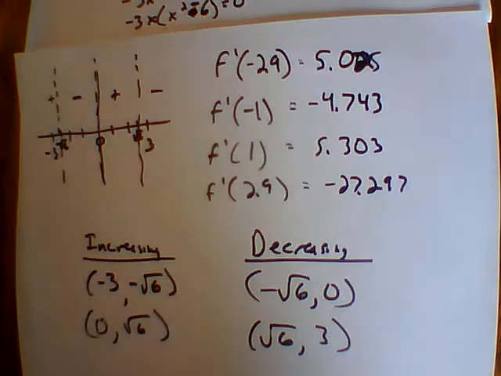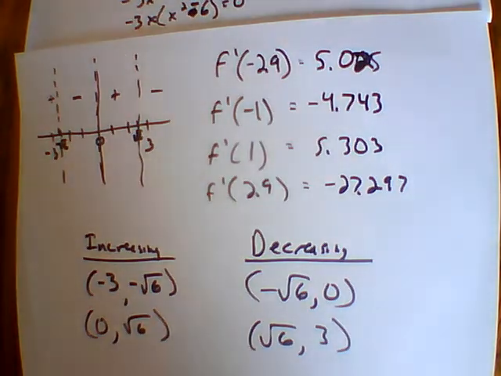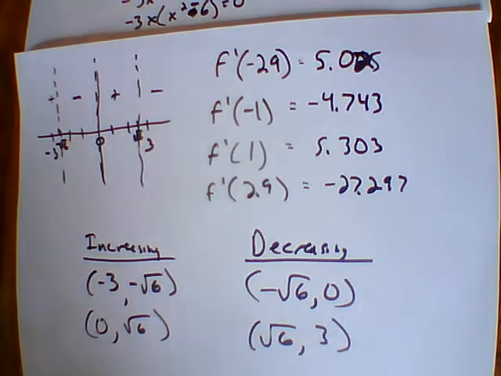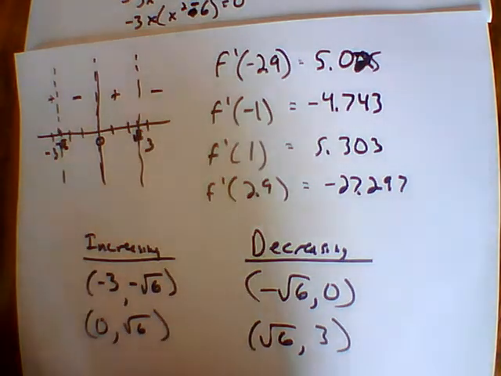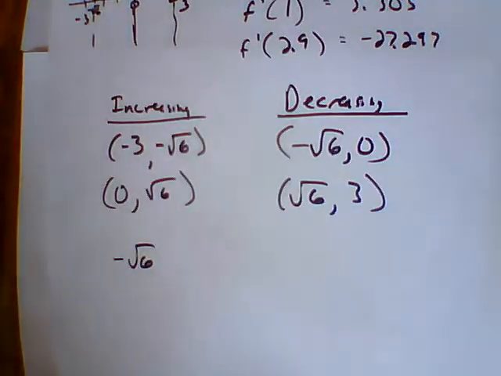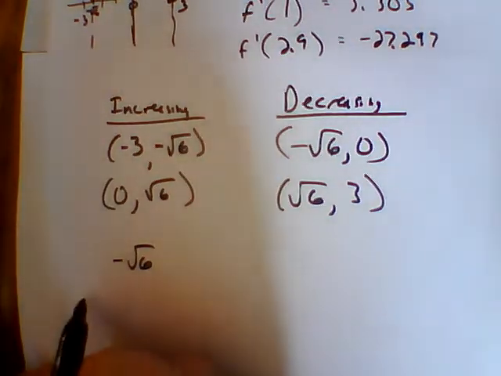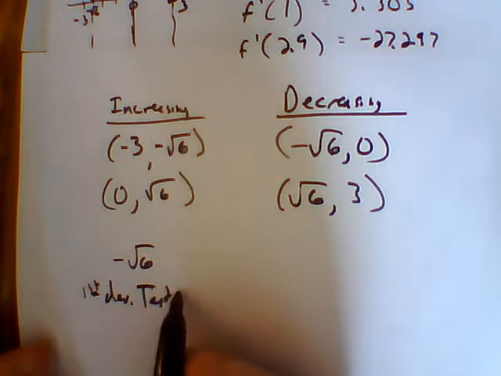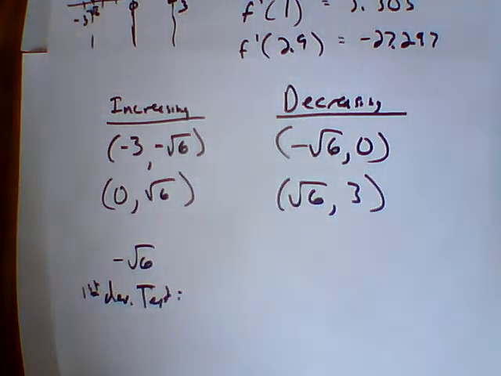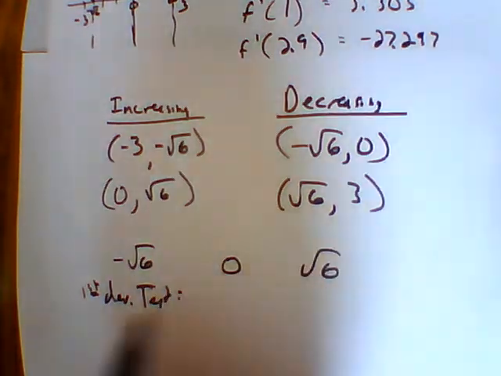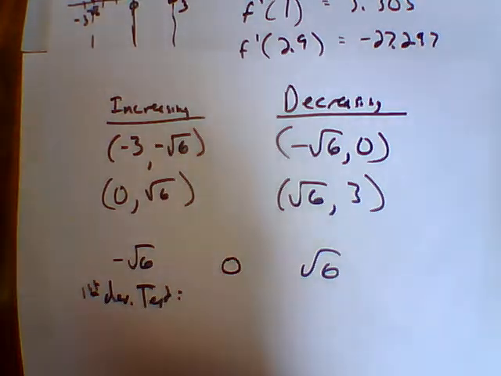Okay? So this is an extension of the problem, basically using the first derivative test. Once again, we would talk about finding our critical values. So we have negative root 6, 0, and root 6 as our critical values.